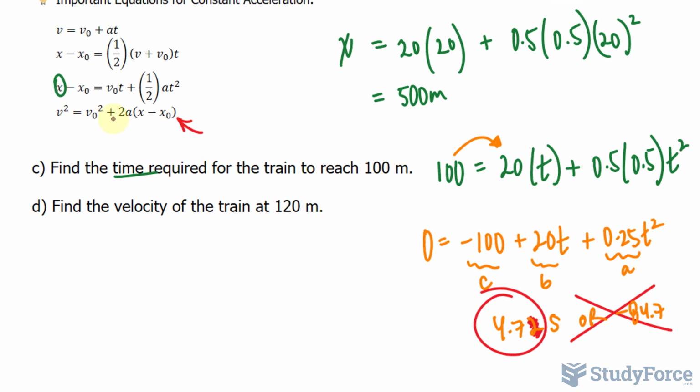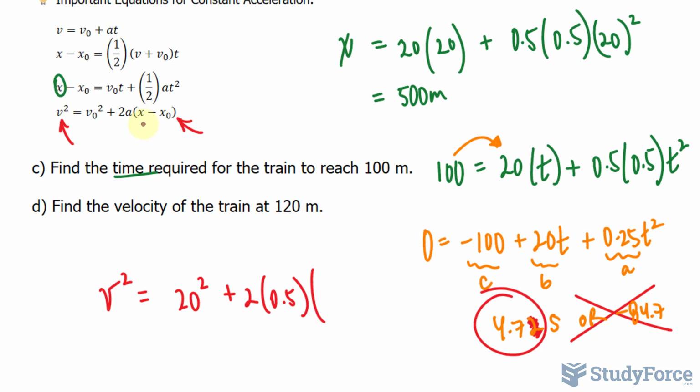And finally, find the velocity of the train at 120 meters. I'll be using this formula because it relates the position and the velocities. We want the final velocity, so v squared is equal to 20 squared plus 2 times the acceleration, x minus x sub 0.